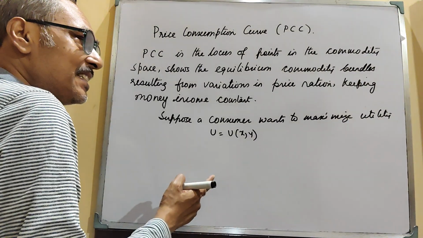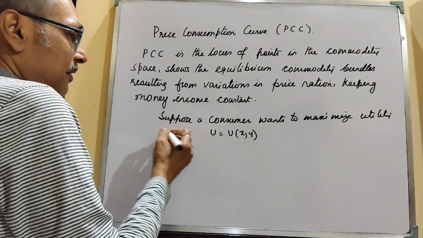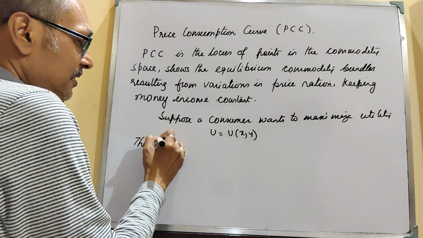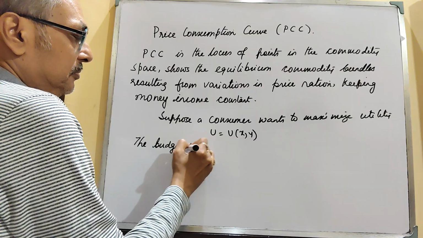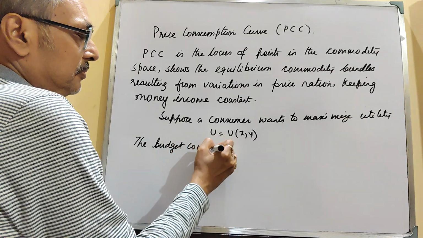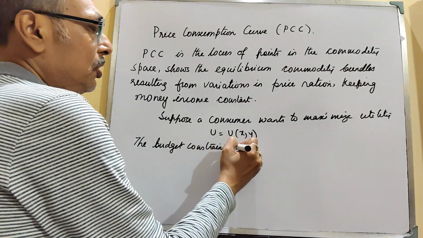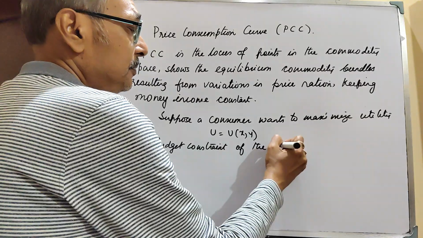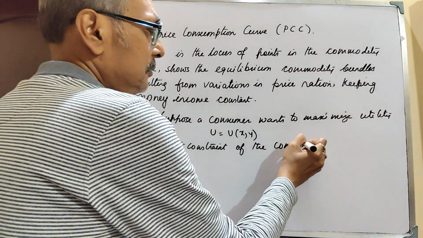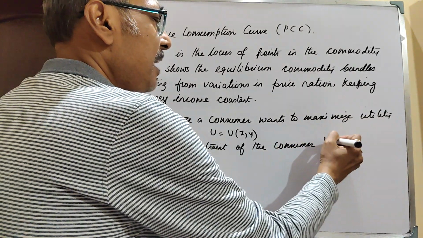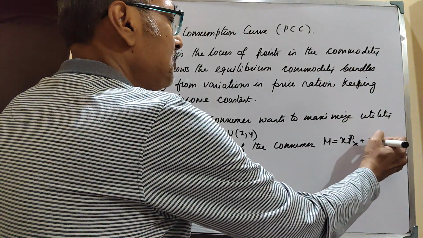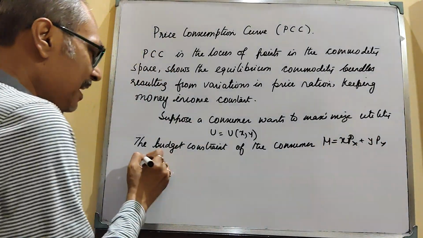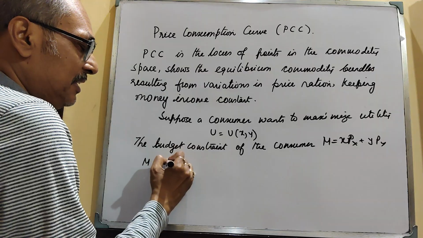The budget constraint of the consumer is M equals x Px plus y Py. What is M? M is the spendable money income.